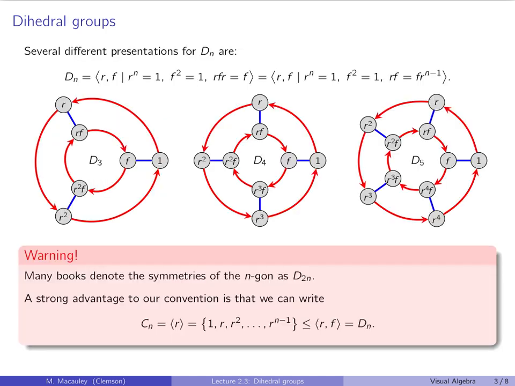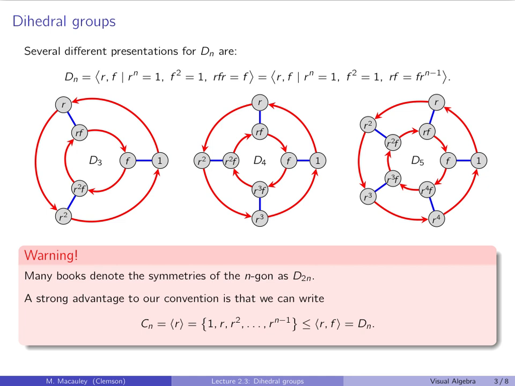Here are several different standard presentations for Dn using r and f as generators. So we say that r to the n equals 1, f squared equals 1, and then we have to specify what this motif is. And this little motif is really the same in all of these. rfr equals f. That's one way to write it.